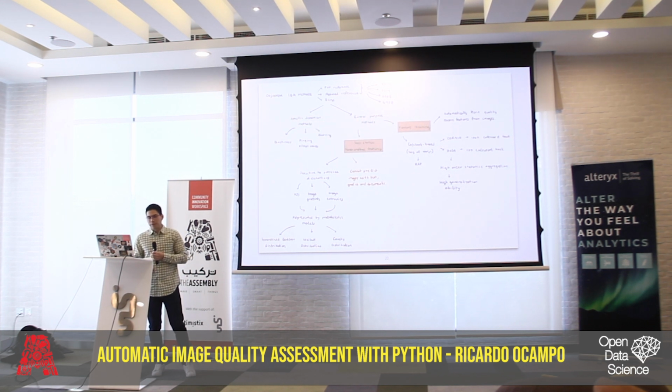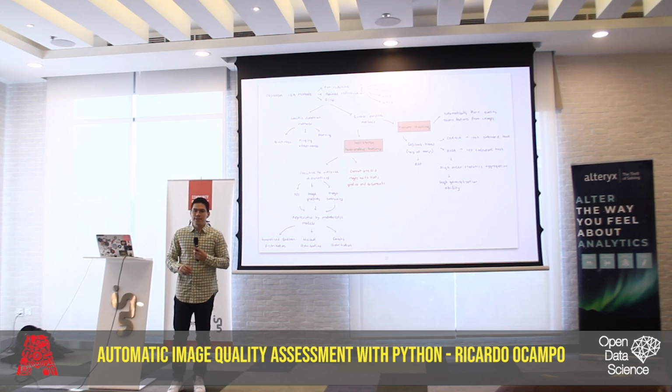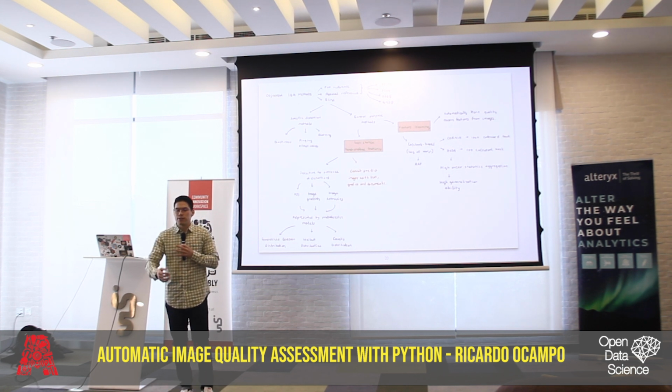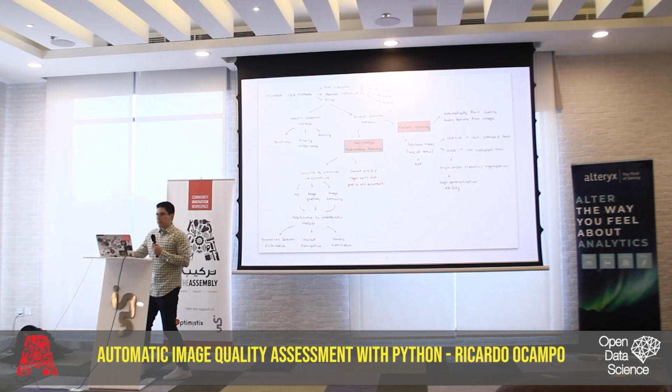For those ones, we have another two paths. Handcrafted features and learned features. Handcrafted is someone very smart just figured out that the images behave in a way, and this is how you can describe the quality. So the human created some algorithms and then transferred the knowledge to some box.